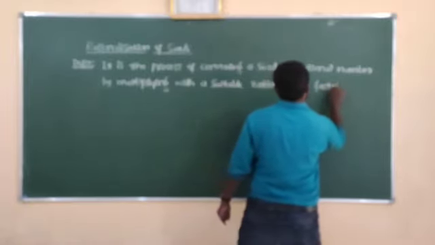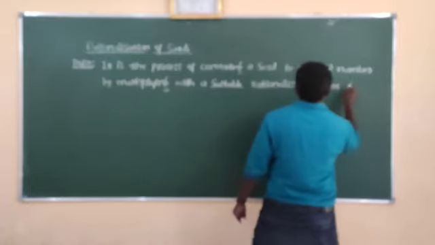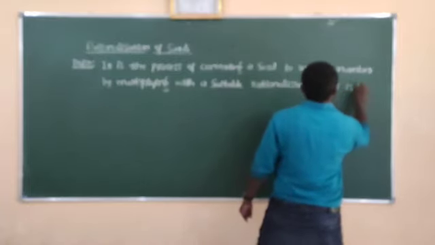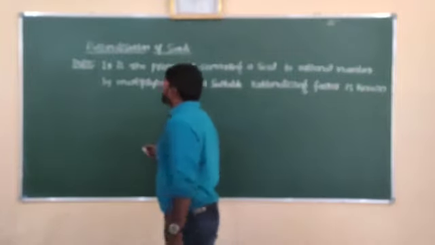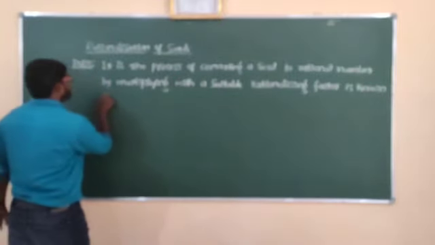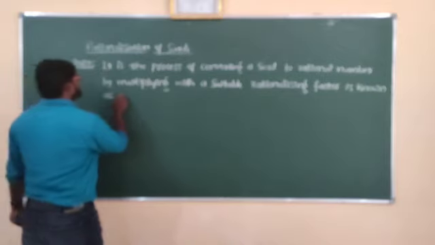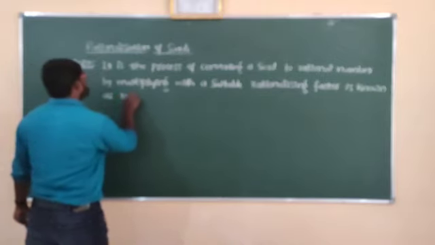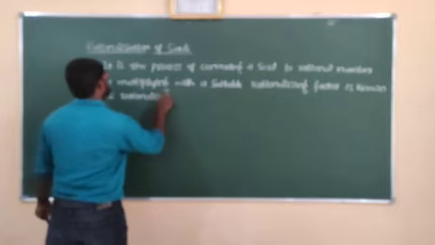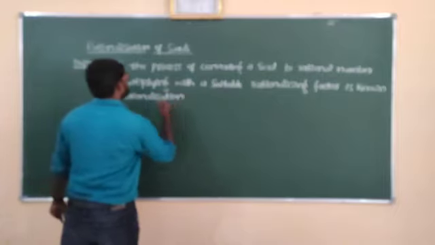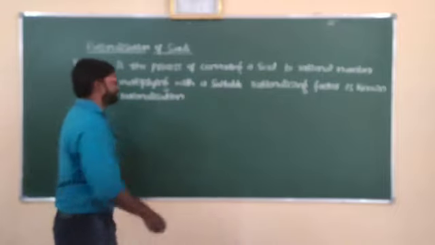The process of converting a surd to a rational number by multiplying with the suitable rationalizing factor is known as rationalization of surds.